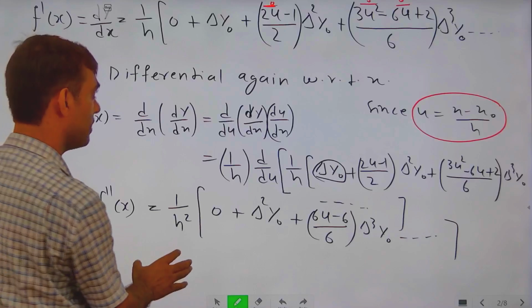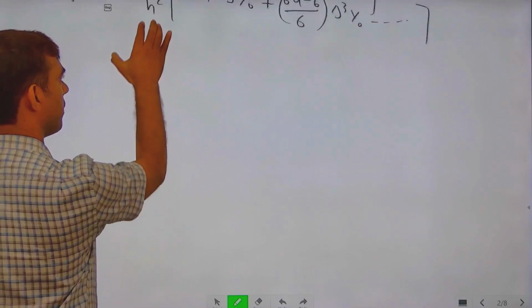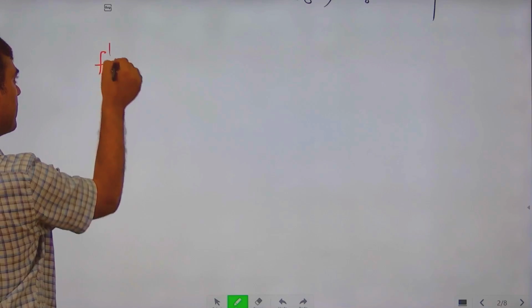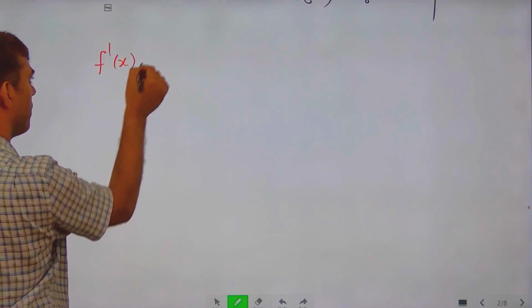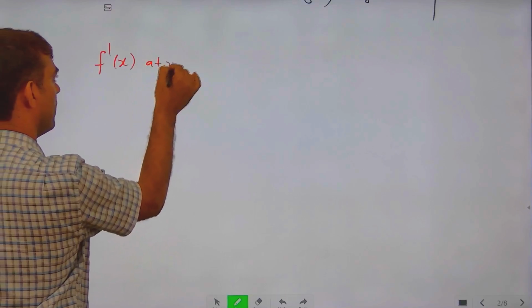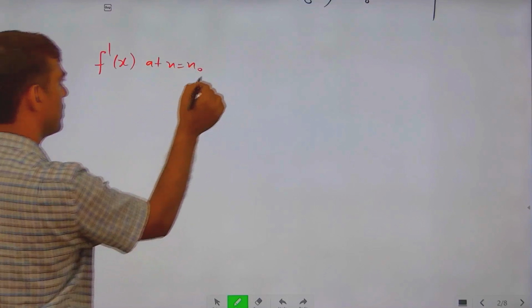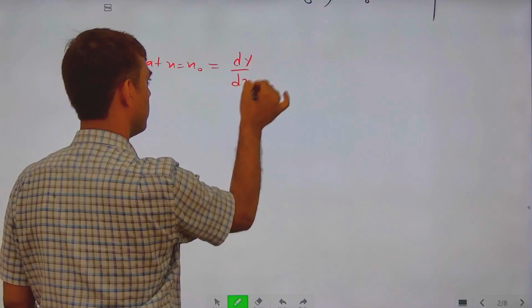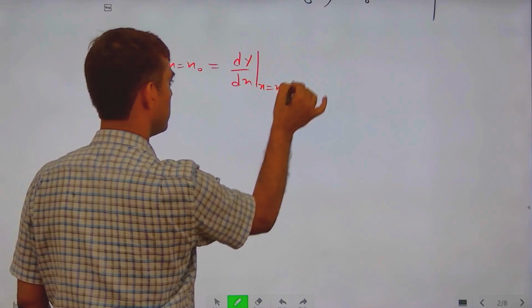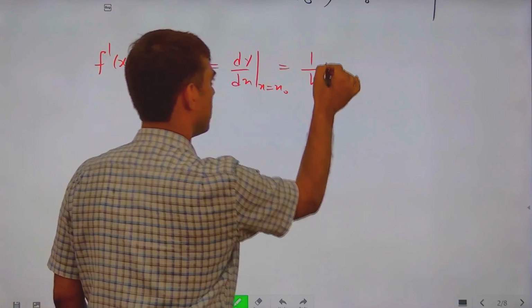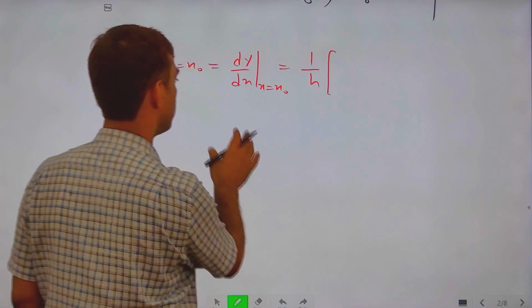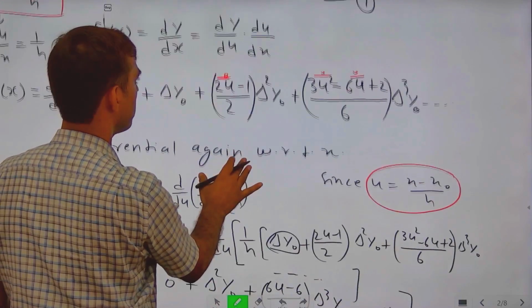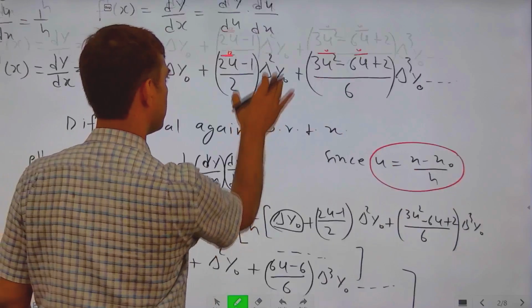So, if we write dy/dx, that is f'(x) at x equal to x0, this becomes 1 upon h, and inside, the first term is del y0, the second term is minus 1/2.